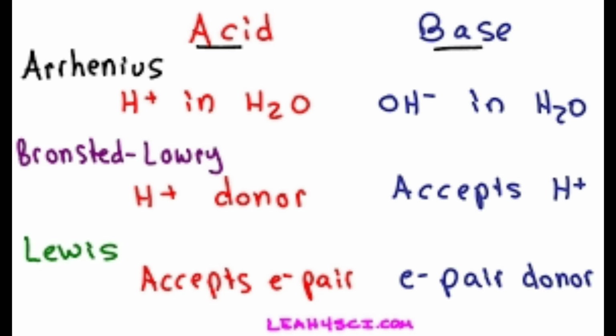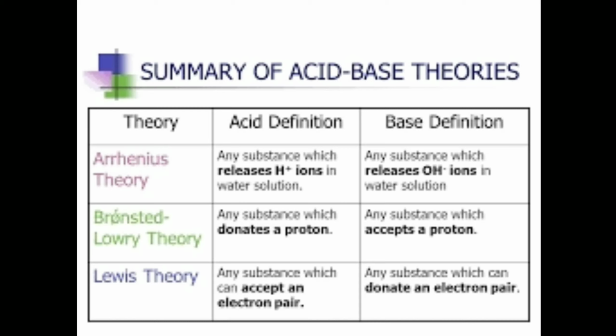The second theory is the Lowry-Bronsted theory, in which the acid is the H+ donor, meaning proton donor, and the base accepts H+, meaning proton acceptor. And the third is the Lewis theory, in which the acid accepts a shared pair of electrons and the base donates a shared pair of electrons.